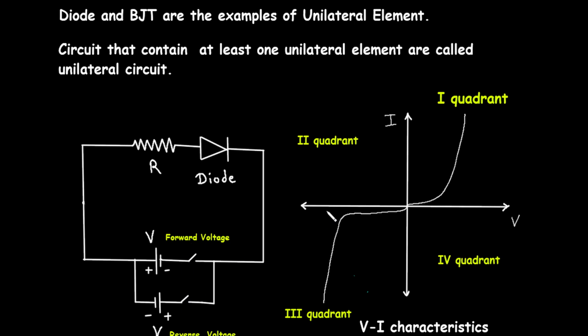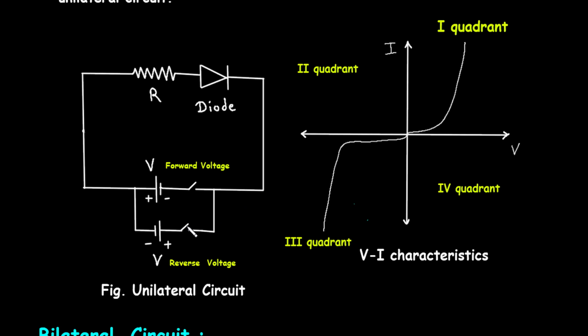Now when we turn on this switch, the reverse voltage will apply and the current will start flowing from this positive terminal up to this negative terminal. But here this diode will block this current. So we get characteristics like this. Up to this mark, we don't get any current or very little current.